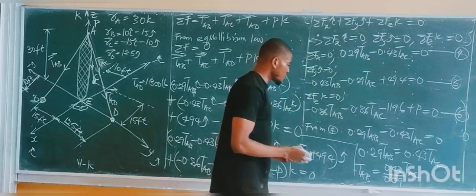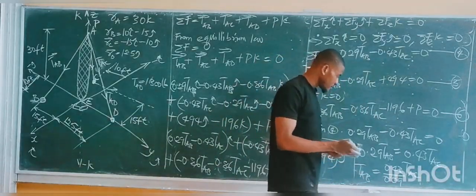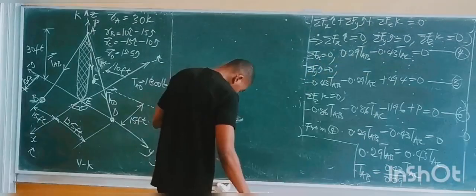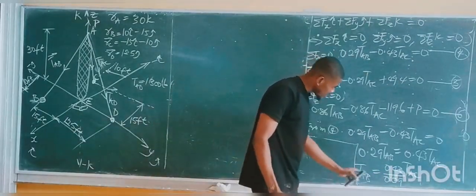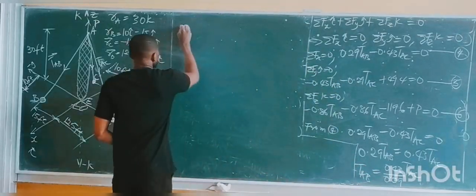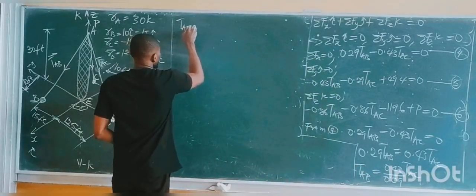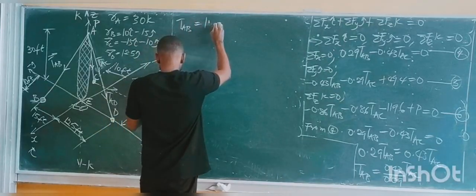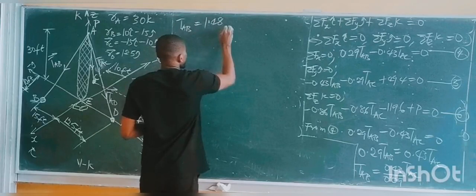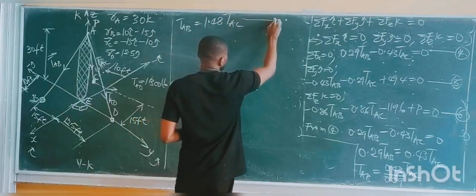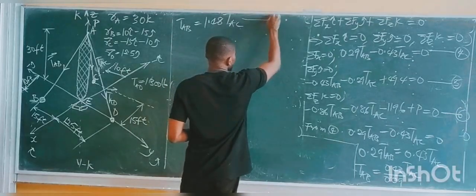So this will give us a value for TAB. 0.43 divided by 0.29 simply gives us that TAB is 1.48 TAC. So we call this equation 7.